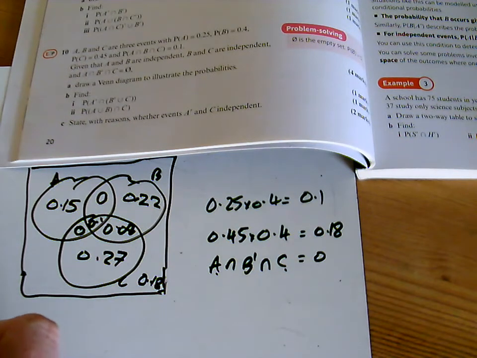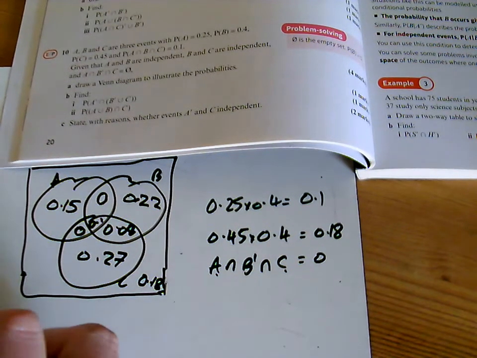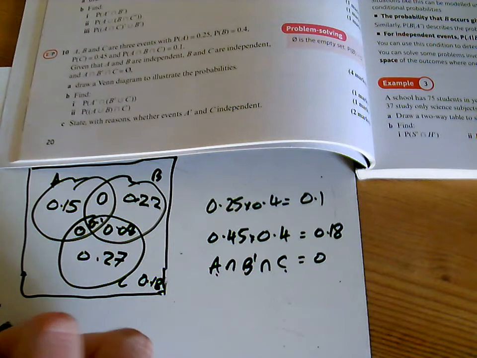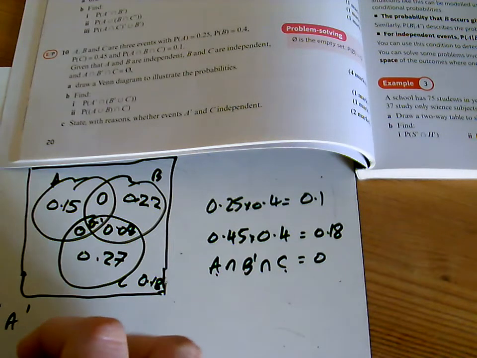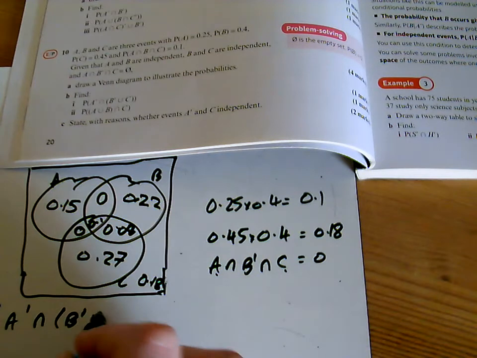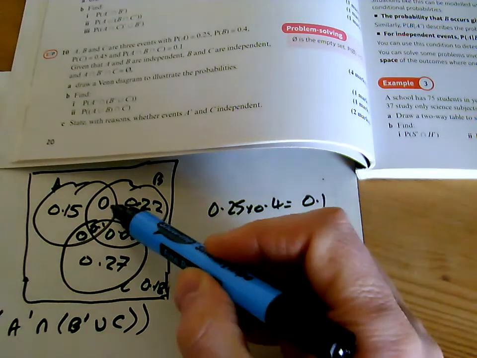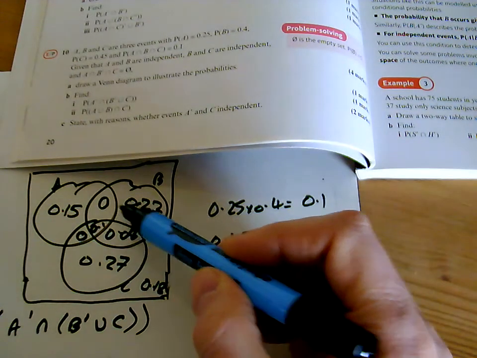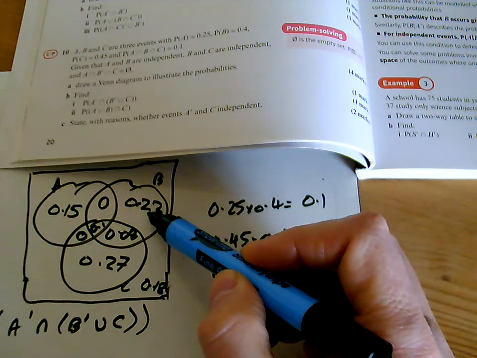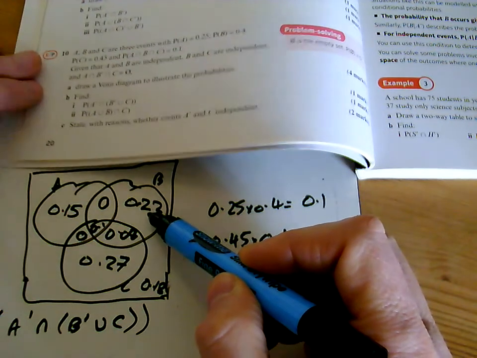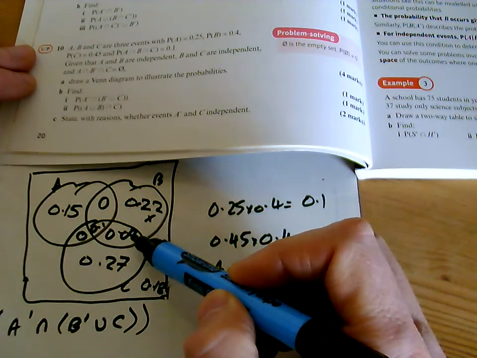But part B, the first thing I'm asked to do is find the intersection between not A and not B union C. This isn't easy. So it's going to be not in A, but it is in not B union C. So I don't want that.